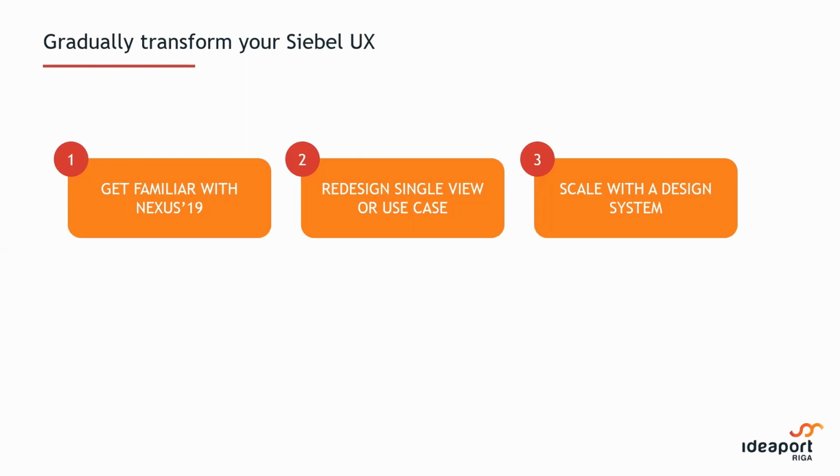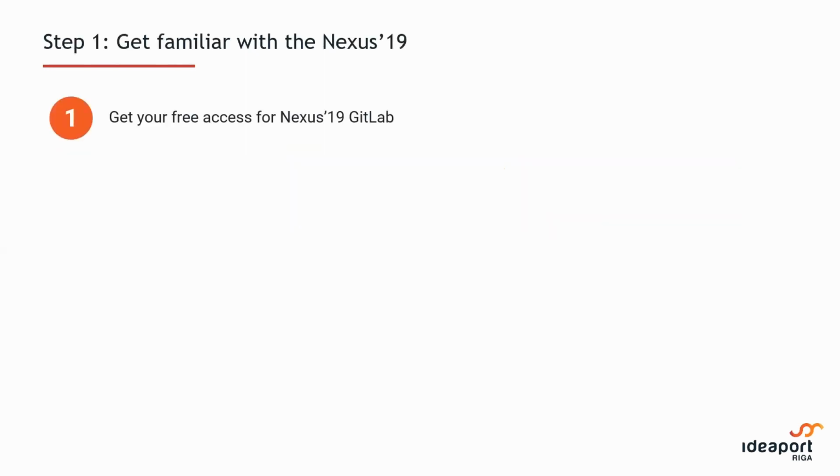And as a first step, on this Nexus site, you have a way to request free access to this Nexus'19 GitLab code. So we give you this access. You have access to all the documentation with the source code, with setup guides and stuff like that.